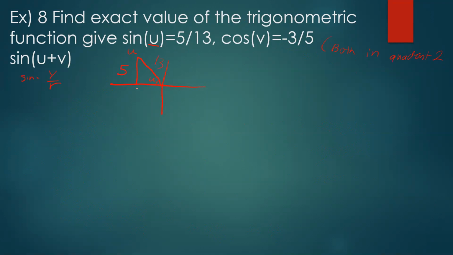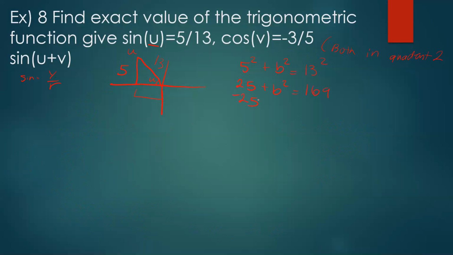The thing is, we've got to find this distance, this x value, this horizontal distance. How would we find it? We could use the Pythagorean theorem, a squared plus b squared equals c squared. So 5 squared plus b squared equals 13 squared. That's 25 plus b squared equals 169.